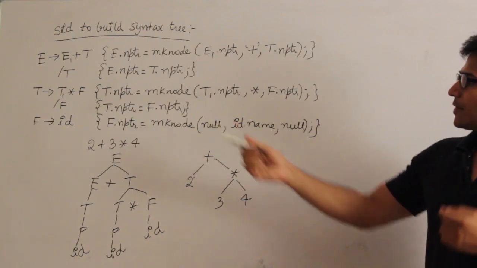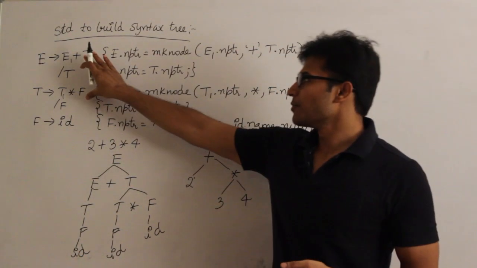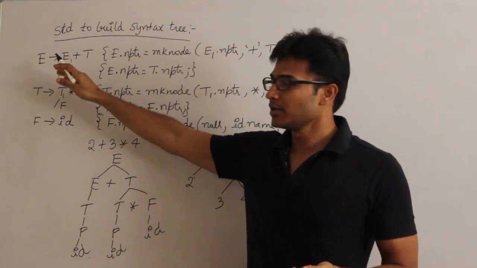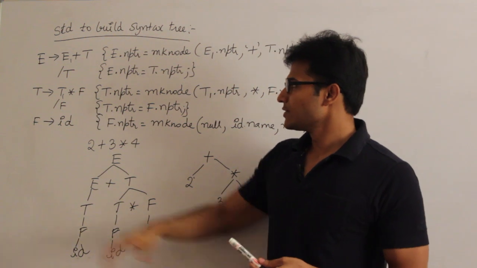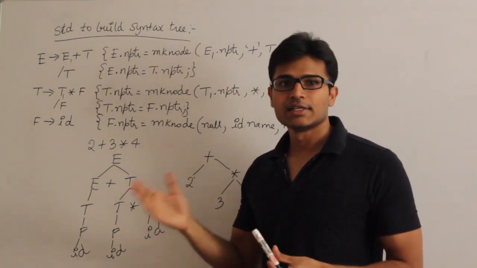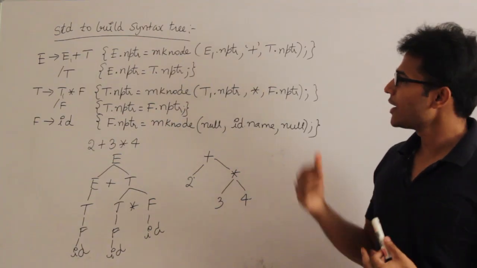So let's take the same example and let me explain this SDT first. You know this grammar. This is an expression grammar: E derives E plus T, T derives T star F, and F derives id. This grammar generates all the strings which contain addition, multiplication, and identifiers.